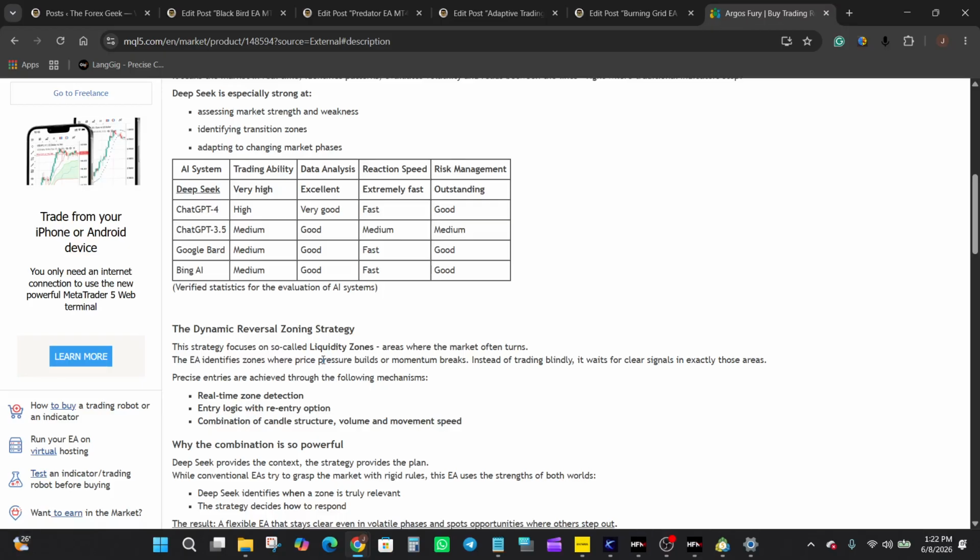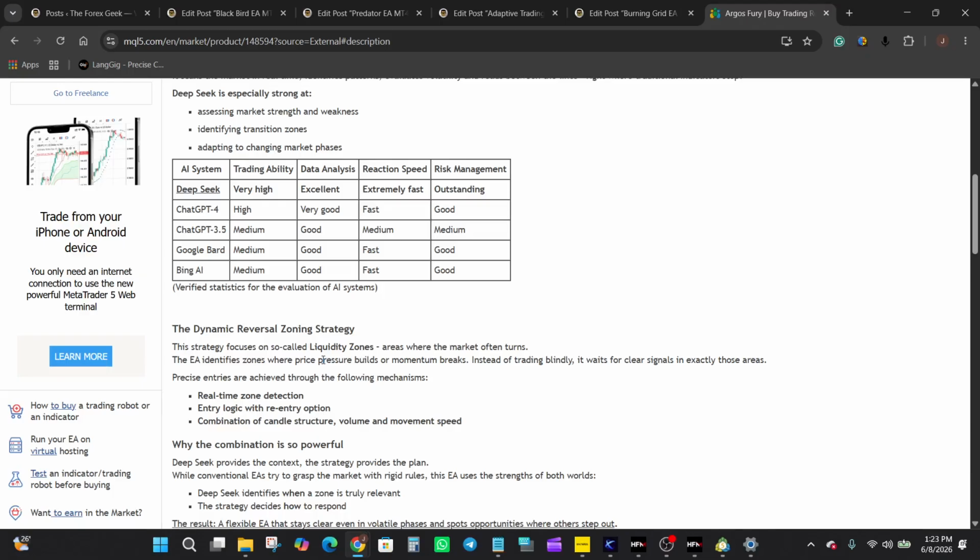The developer also explains that entries are influenced by several factors, including real-time zone detection, re-entry logic, candle structure, volume, and movement speed. The overall concept presented here is that DeepSeek provides market context while the strategy determines how to respond to specific conditions.